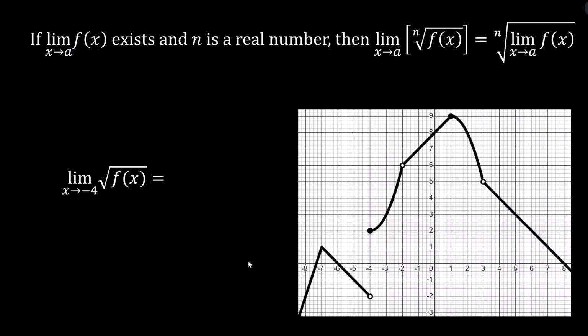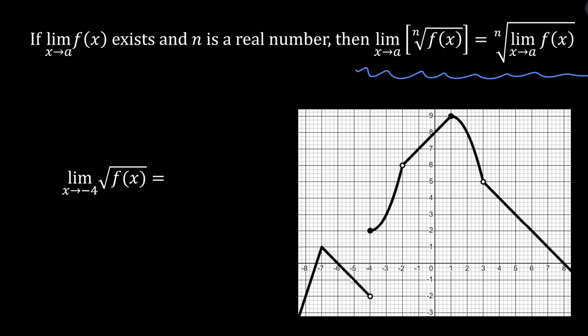Let's check an example for this property where our condition is not met. All right, so same example here. The limit as x approaches -4 does not exist, but that doesn't necessarily mean that the new limit doesn't exist. It just means we need to check and see what's going on here. So with this function, every single y value is square rooted. What's happening from the right is that the function is going to approach the square root of 2.